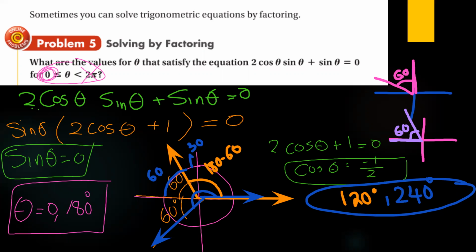You can say it is 360 plus negative 60 or 360 minus 60. Both of them are correct. It will be 300. Is it clear? Yes.